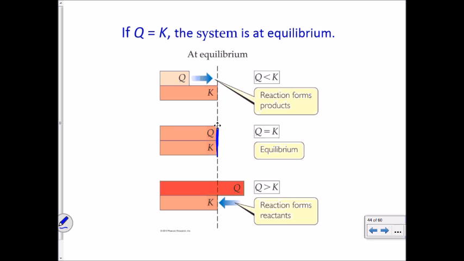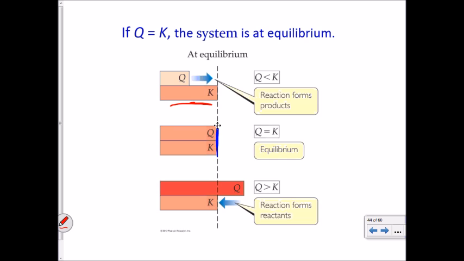We're going to look at the other situations where Q is less than K, and if Q is greater than K. But if Q is equal to K, the system's already at equilibrium. Not an issue there. That one's the easiest one to remember. And this graphic is really good because it shows that when Q is less than K, in order to reach K, it's going to have to shift.